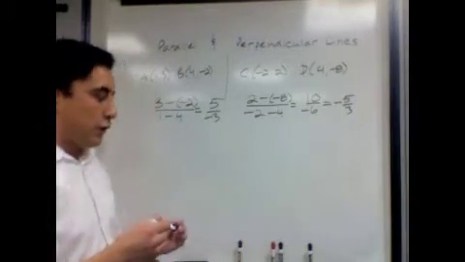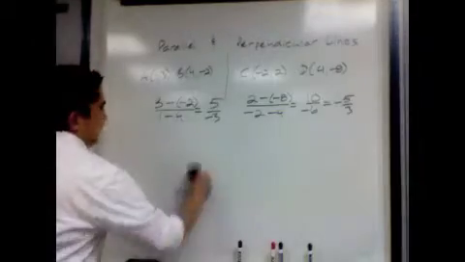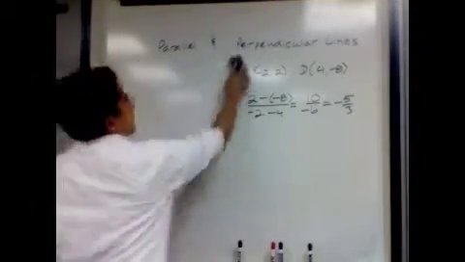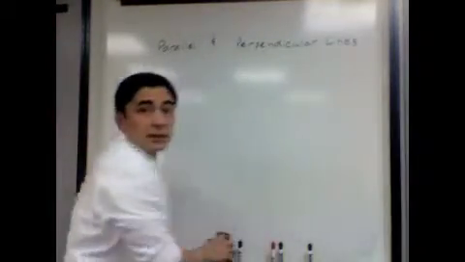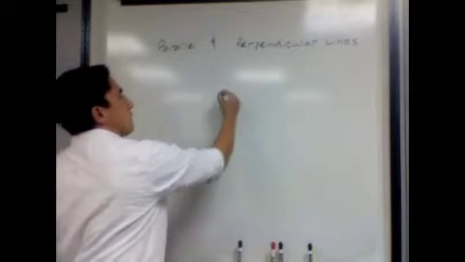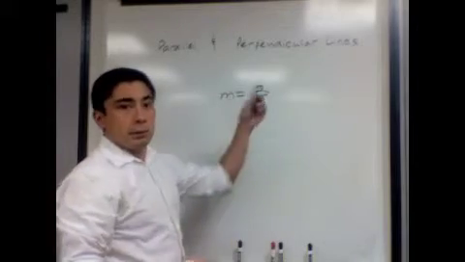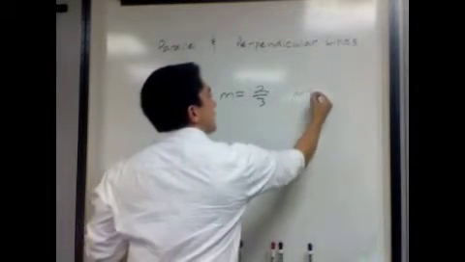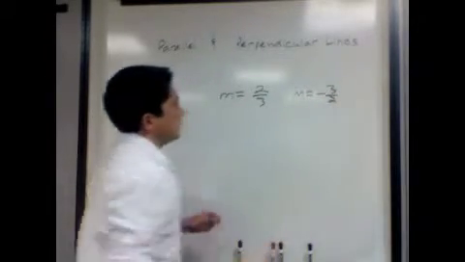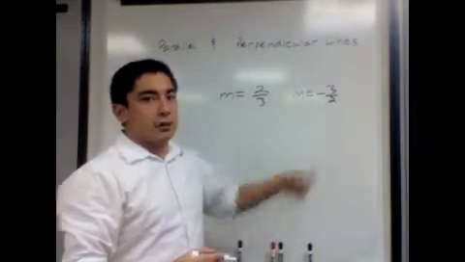Now that doesn't work true for perpendicular. For perpendicular, they need to be what I like to call the negative reciprocal. So if one slope is 2/3, for it to be perpendicular, the other slope has to be negative 3/2. So it has to be the opposite sign and flipped.